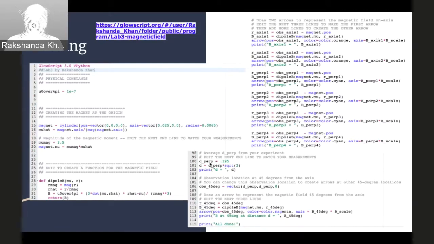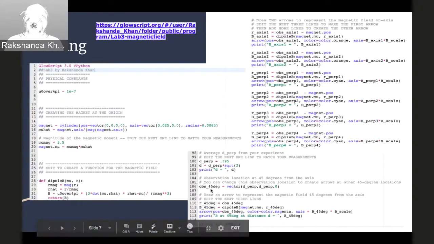And then we also use the distance perpendicular value that we got in our off-axis experiment results, and we plugged that in as well to get the magnetic field at 45 degrees.